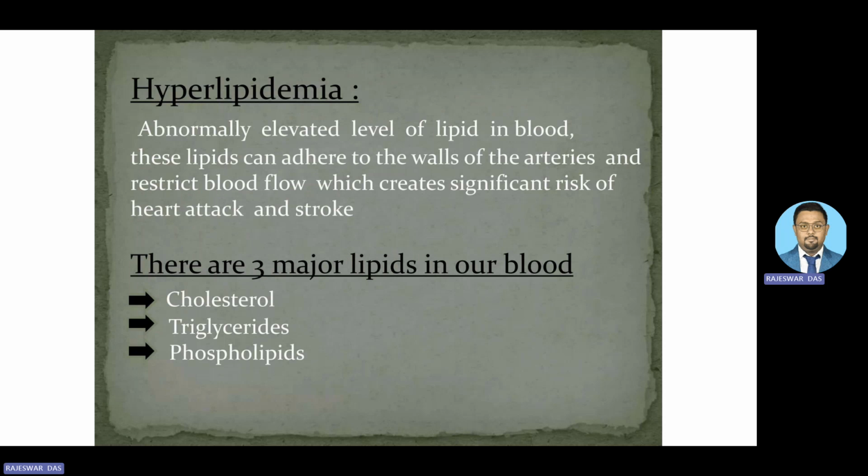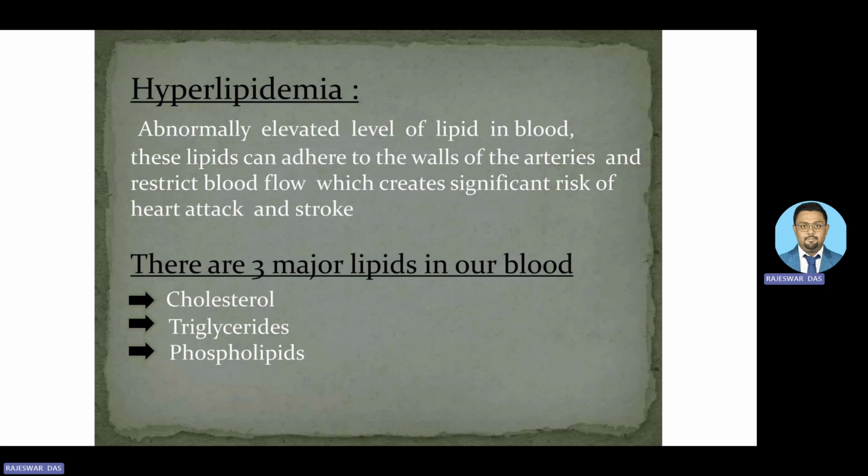Hyperlipidemia is an abnormally elevated level of lipid in the blood. This lipid can adhere to the wall of the arteries and restrict blood flow, which creates significant risk of heart attack and stroke.